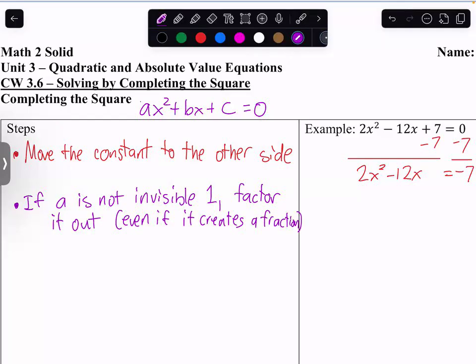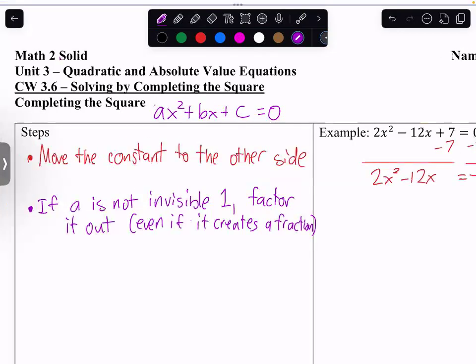Previously, when we factored by GCF, by greatest common factor, we could only do it if the number went evenly into all terms. But for this method, you always bring the a in front of parentheses, even if it creates fractions in the other part of the problem.